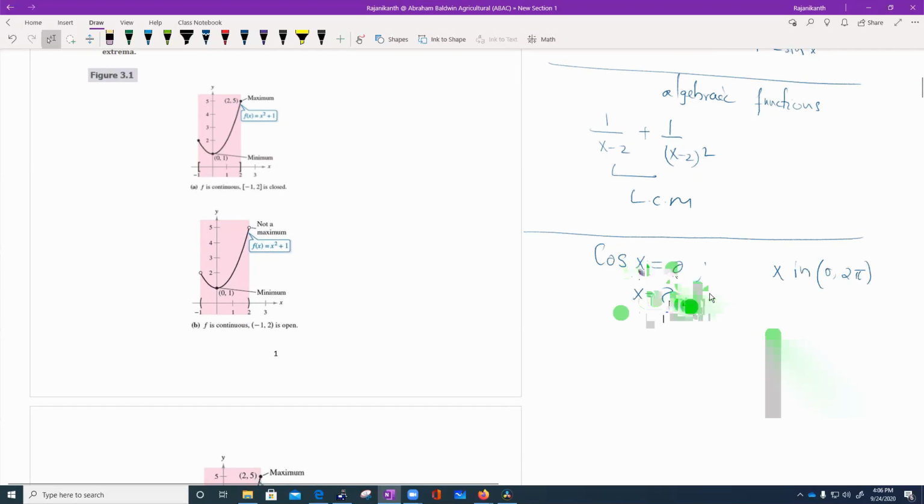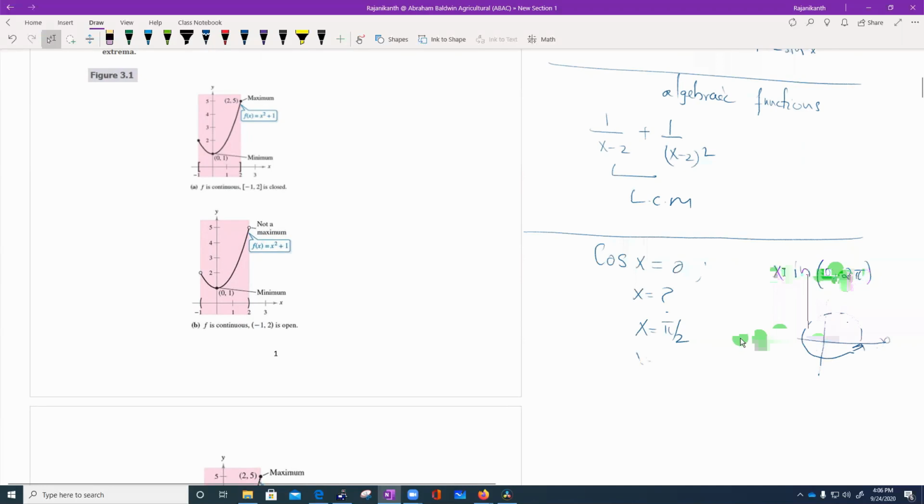Pi over 2. Remember, x is an angle. You have to tell me in radians. Pi over 2. Cosine pi over 2 is 0. Anything else? Remember, I'm asking you to find x in this range, from 0 to 2 pi all the way. So you have to tell me 3 pi over 2.